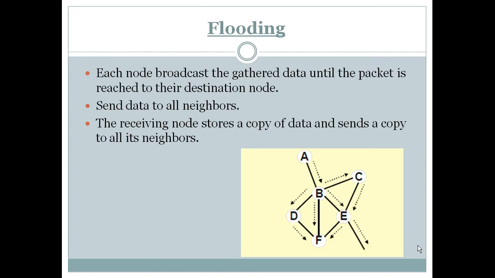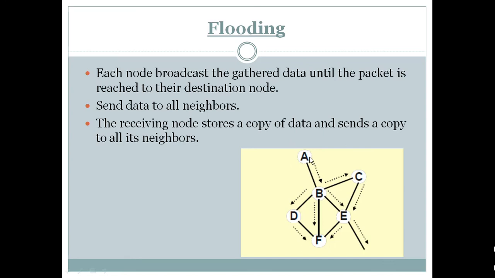Let's look into this diagram and understand the concept of flooding in a little more detail. Let's suppose A is a source node and it receives a broadcast request. A broadcasts the event or the data to all its neighboring nodes.